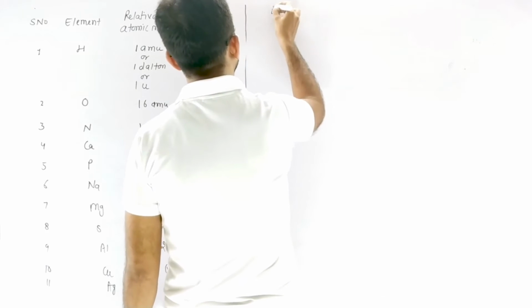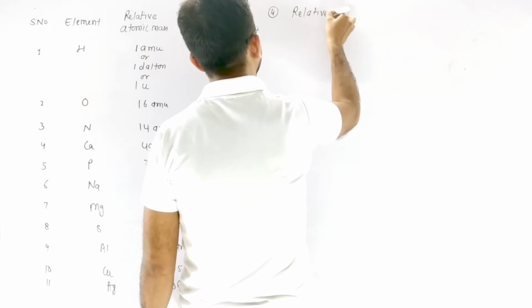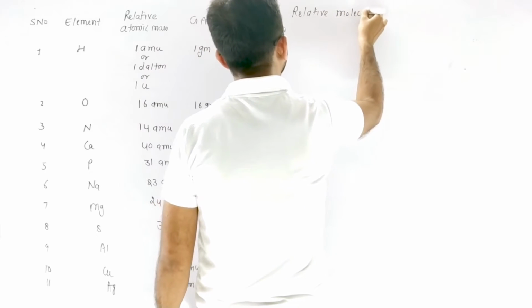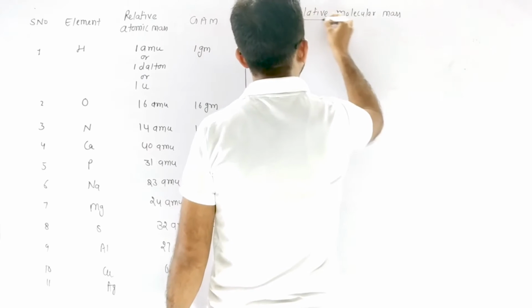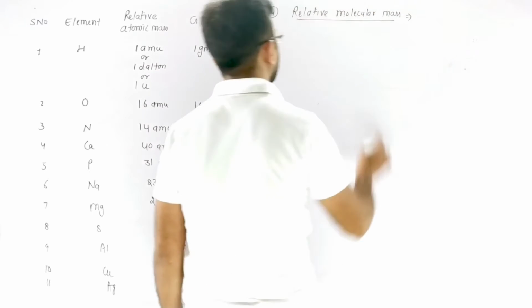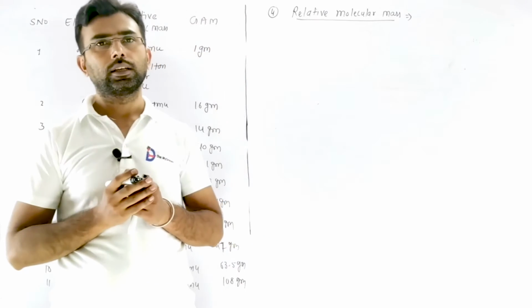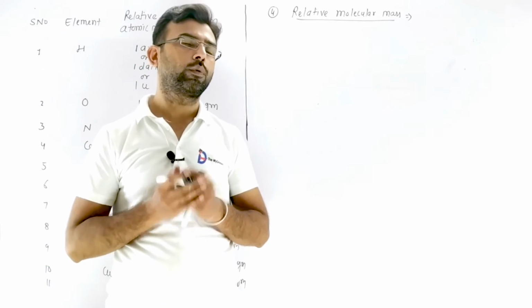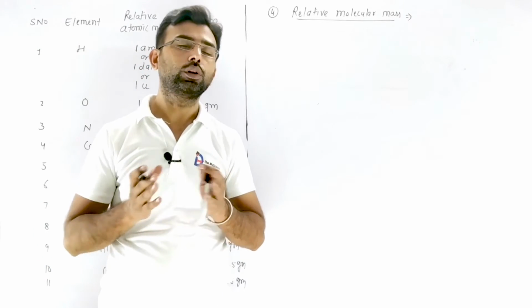Next we discuss the fourth term, relative molecular mass. So what is the meaning of relative molecular mass? We compare molecular mass with atomic mass. Basically relative atomic mass is for an atom, but relative molecular mass is for a molecule.